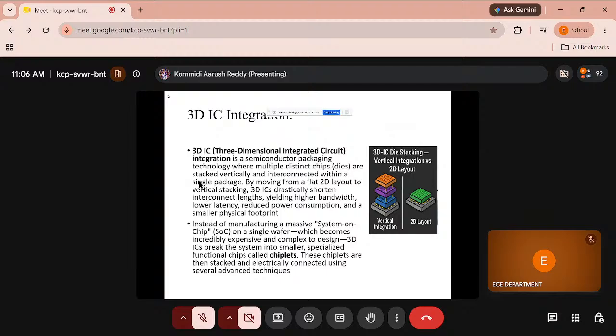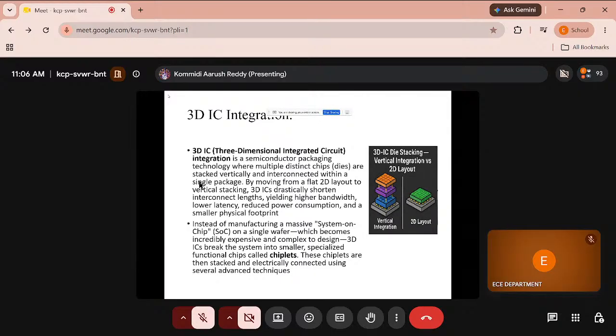The next upcoming technology is 3D IC integration. What is 3D IC integration? Nowadays you are having the 2D layout, whereas in 3D IC die stacking, vertical integration will be done. It is a semiconductor packaging technology where multiple distinct chips or dies are vertically interconnected within a single package.